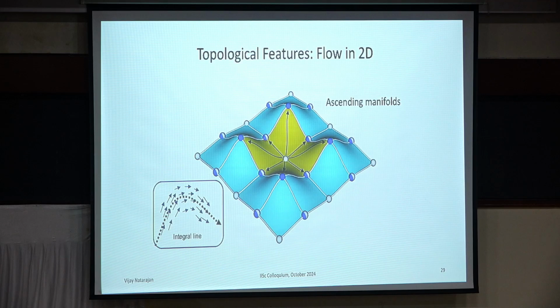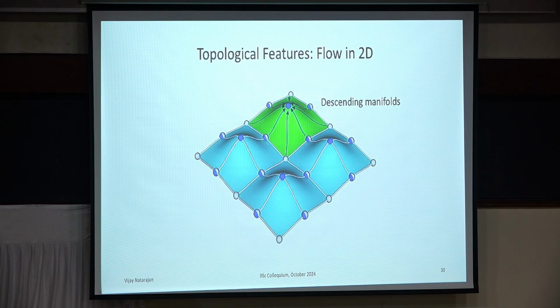What is shown in the figure here at the center is the collection of integral lines whose origin is a given minimum and whose destinations are all over the place, right? This collection of integral lines is called the ascending manifold. In this case, it's a surface, so it's a 2 manifold. Similarly, one can define a collection of integral lines that terminate at a given critical point.